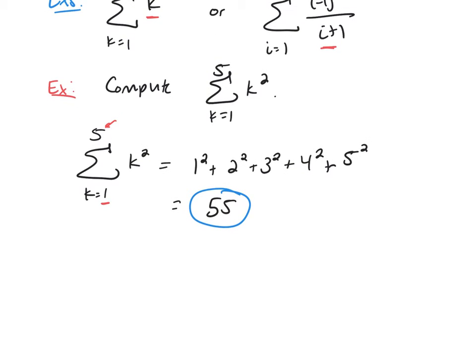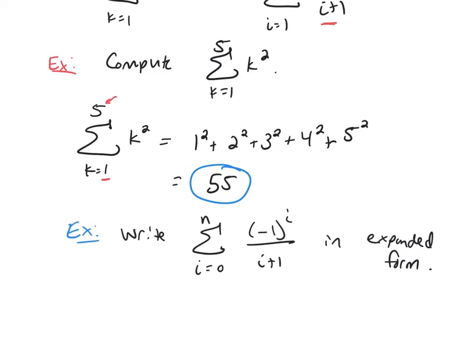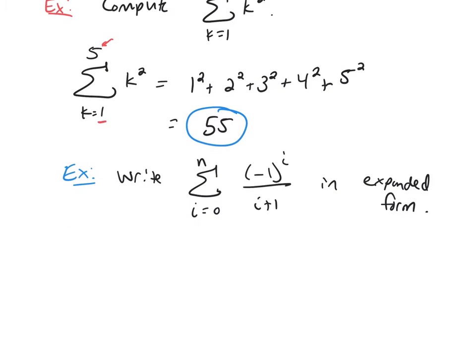So let's look at another problem. Let's say I want to write a summation from i equals 0 to n of negative 1 to the i over i plus 1. I want to write this in expanded form, so you don't want to use summation notation now.